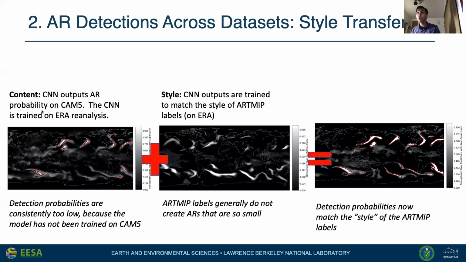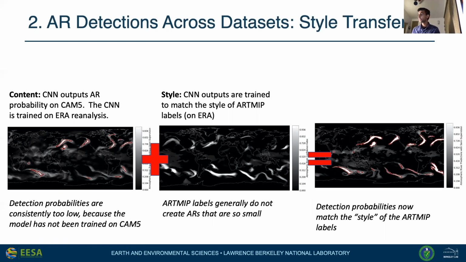So now our content image is the CNN outputs on CAM5. And as we mentioned earlier, these CNN outputs are consistently too low. And we train them to match the style of data that we do have, of data sets that we do have labels for. So in this case, we use the ArtMIP labels from the reanalysis data product, which is ERA-Interim to be precise.